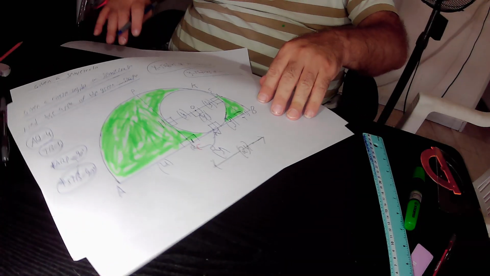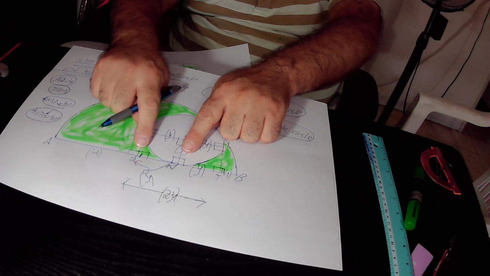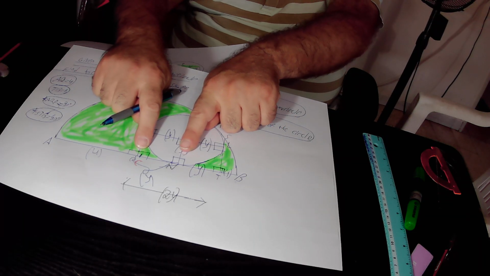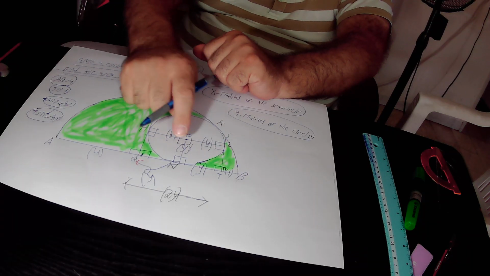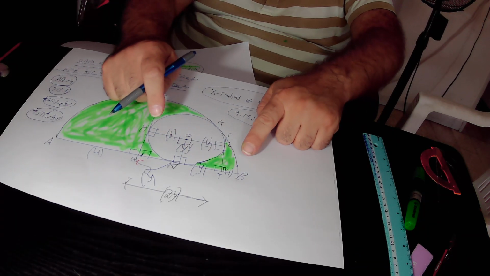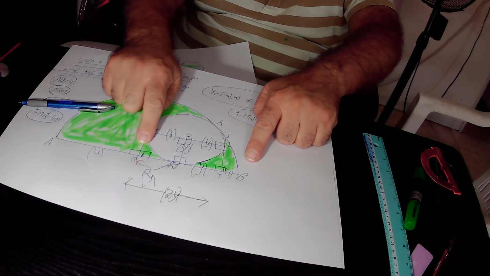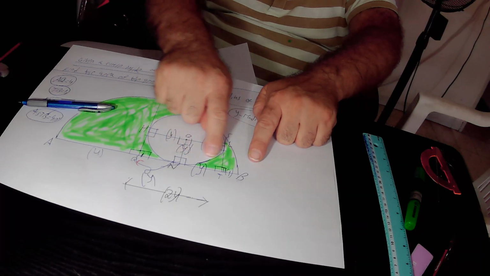What is the length of this line segment CN? From the drawing it is very easy to see that CN equals CB minus NT minus TB. Again, CN in total equals CB minus NT minus TB.